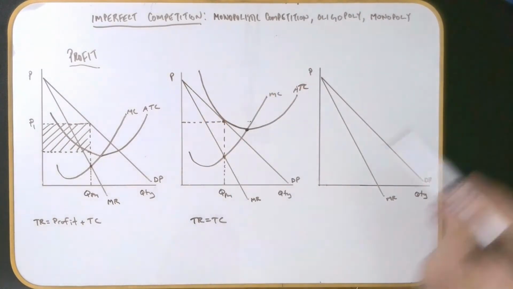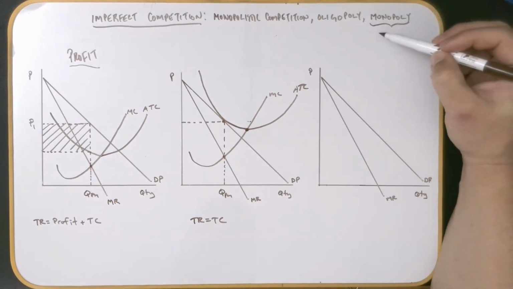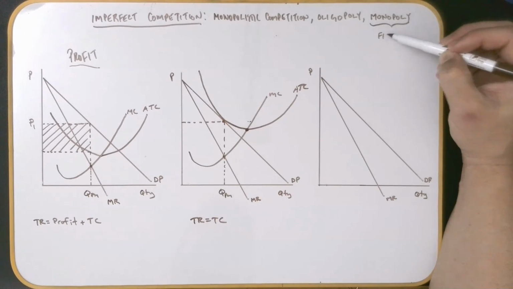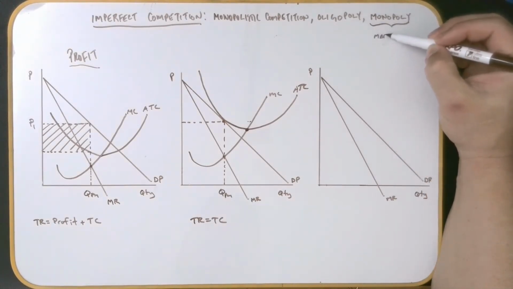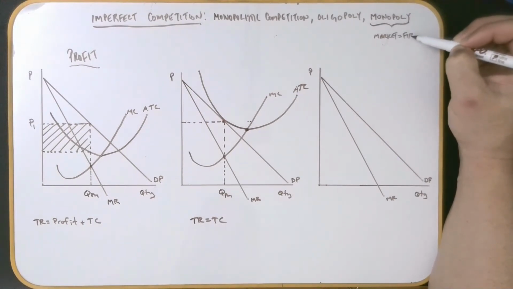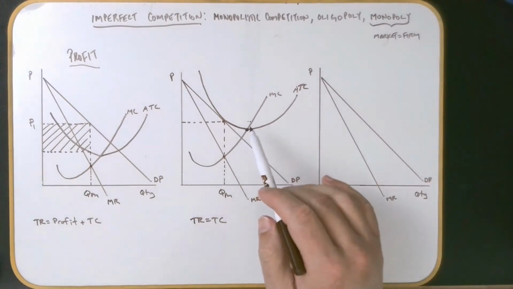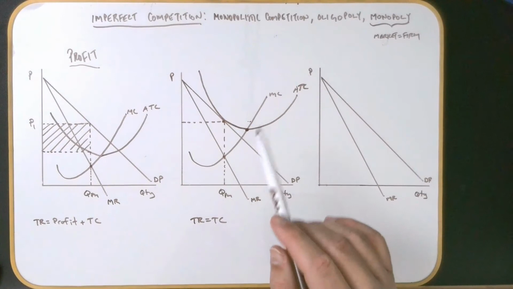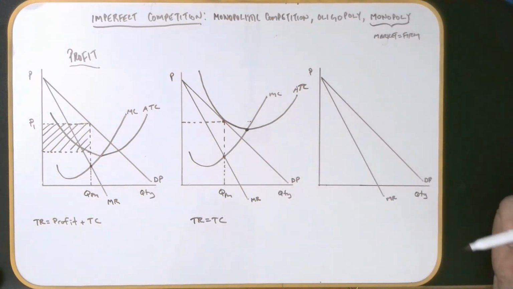Now, one thing to clarify, make sure you realize that with the monopoly, when you're in the monopoly, the market is equal to the firm because there's only one company. Okay? So this one could be long-run equilibrium of monopolistic competition because firms do exit and enter, and in the long run, you are going to be breaking even.